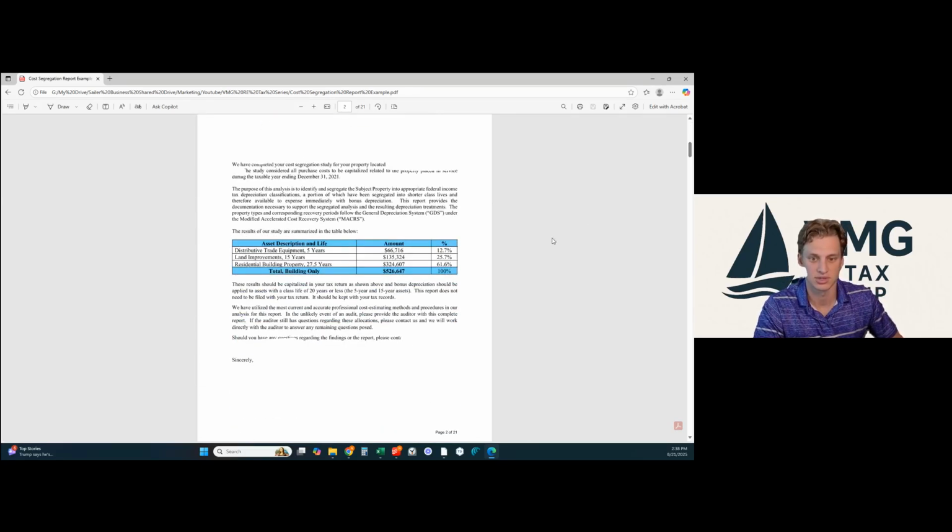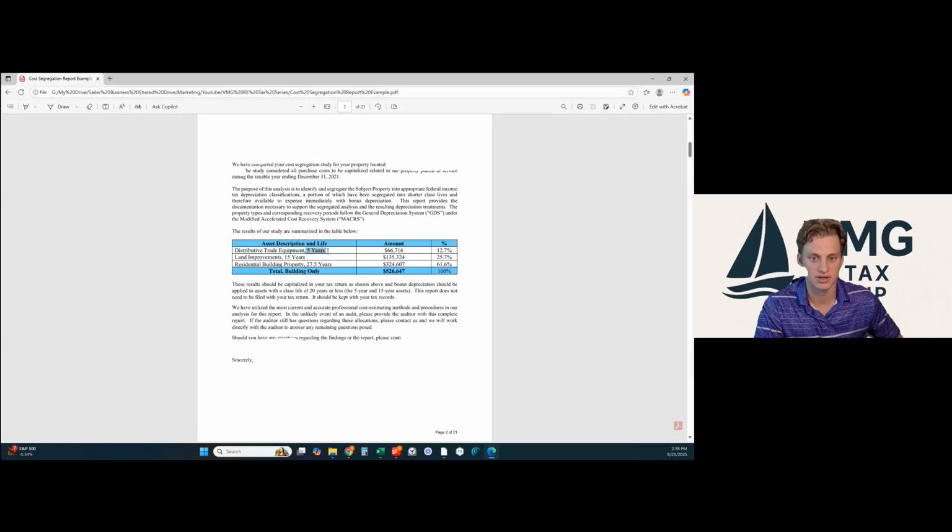They show a summary. This is the summary in the end, and they had originally marked 27.5 years because it had been a residential rental prior. But the total building basis, the total depreciable basis was $526,000. But after they did the study, they were able to allocate $66,000 to 5-year property and $135,000 to 15-year property.